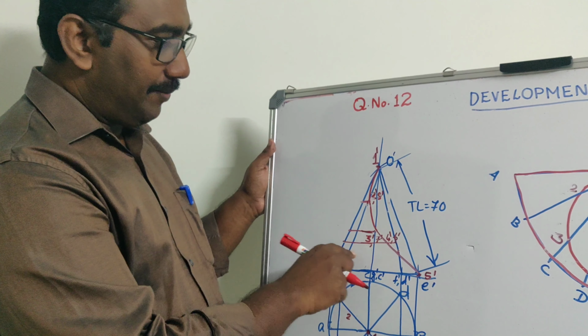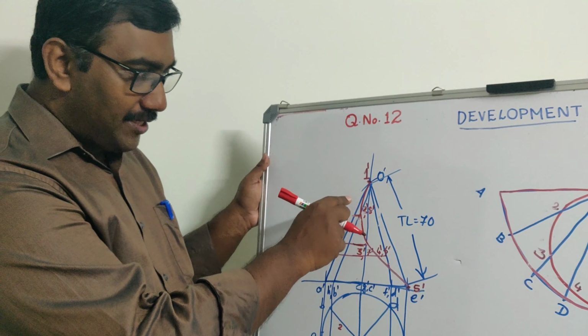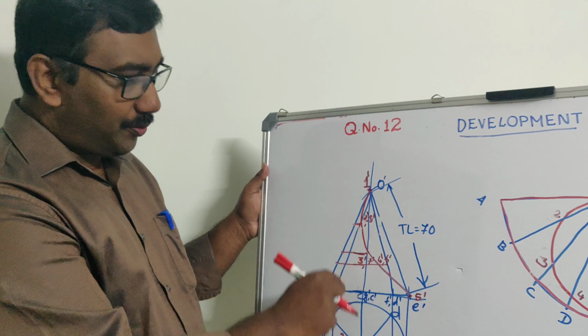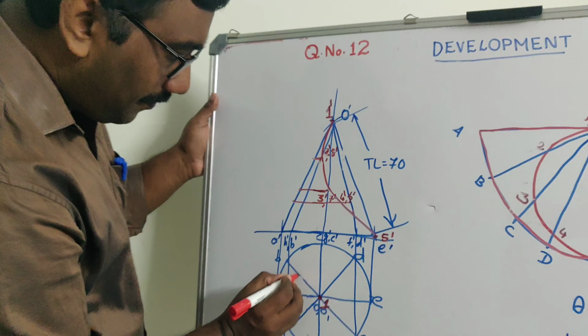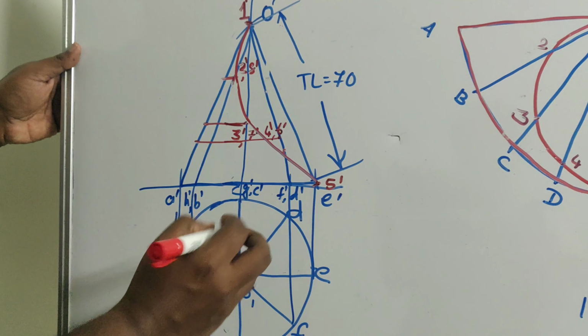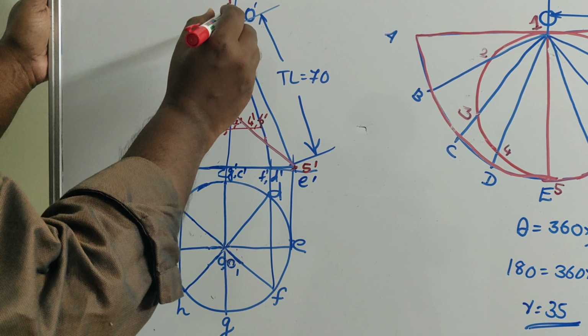Now we have the front view. The next step is to draw the top view. We have to transfer all these points starting from 1 dash to 8 dash to the top view. We will try to do that. So from 1 dash is along O dash.